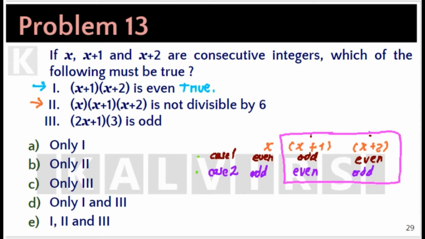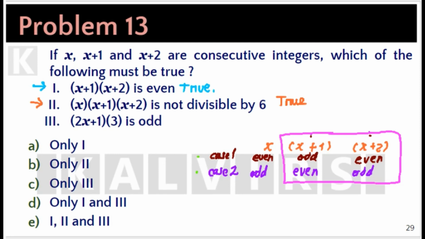Now, in a group of three consecutive integers, one of them must be a multiple of 3, or divisible by 3. Therefore, the product of three consecutive integers is always divisible by 6. Statement 2 is true as well.